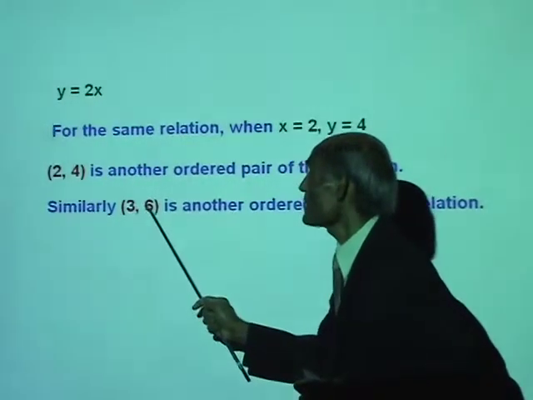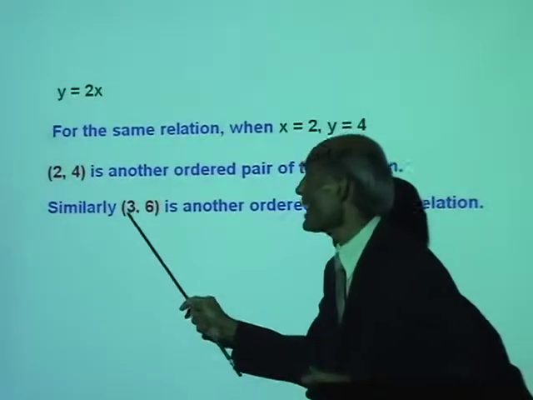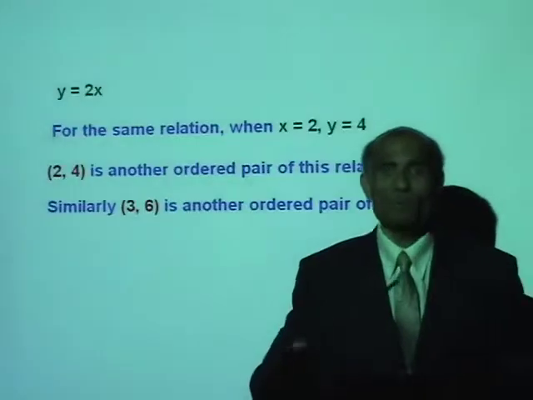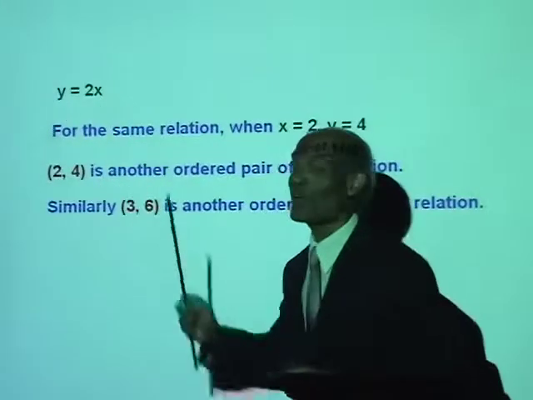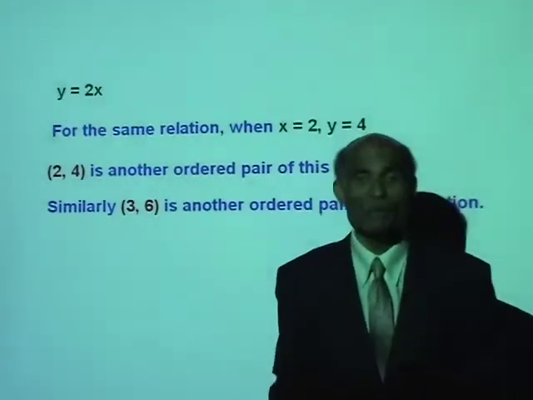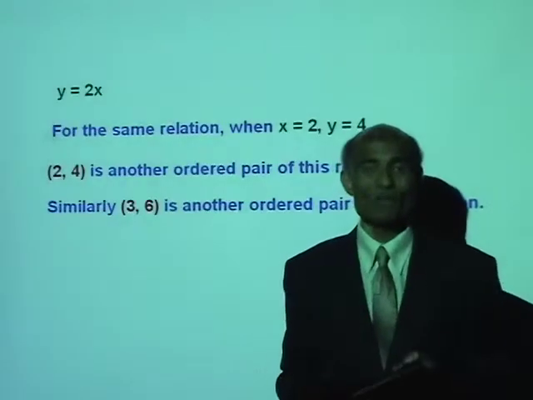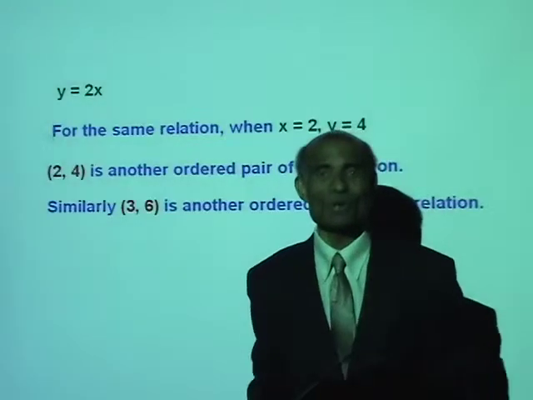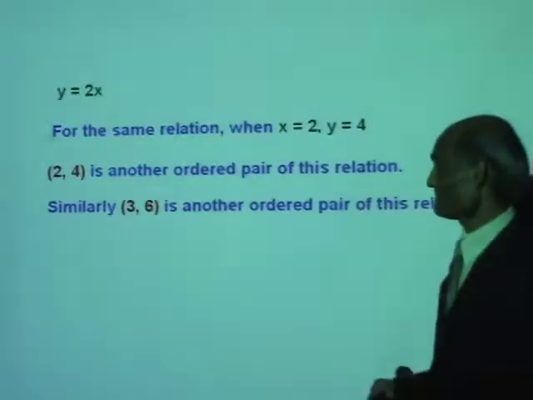When x equal to 3, y equal to 6. Another ordered pair. Can you write down 5 ordered pairs of this relation on your own? You can hit pause on the video and do that on your own. Write 5 more ordered pairs.